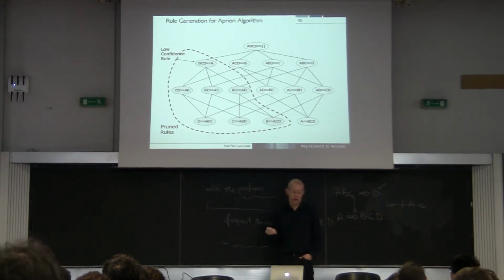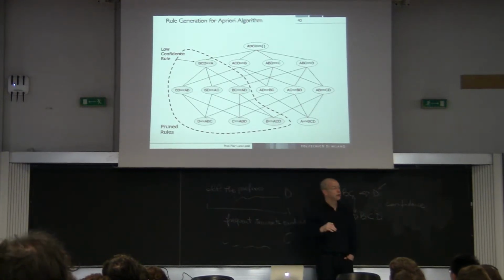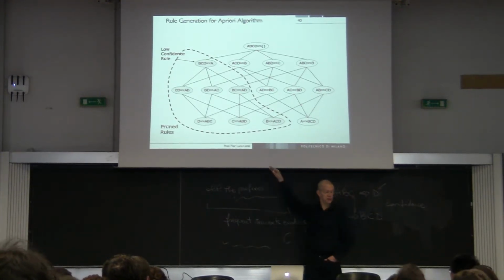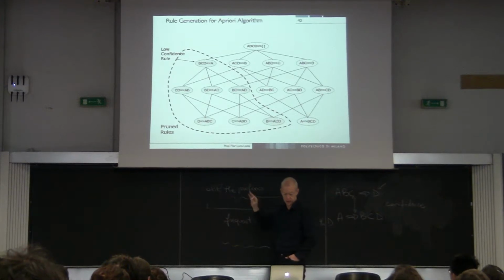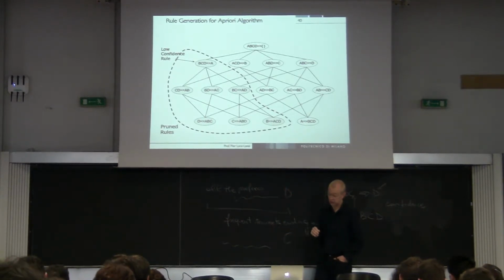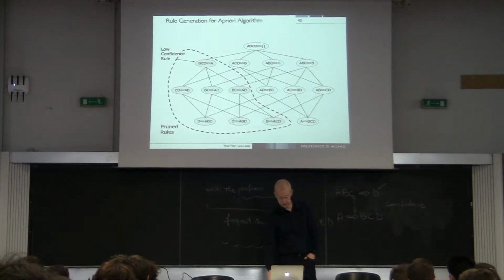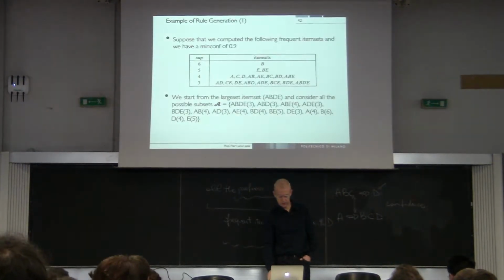If the confidence is too low, there is no way I can have a larger confidence with more elements on the tail of the rule. So I can prune down everything there. Okay, so it's very powerful in this sense. And so, for instance, this is how you generate rules.